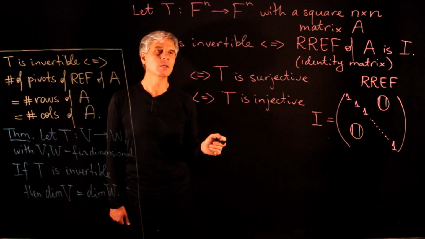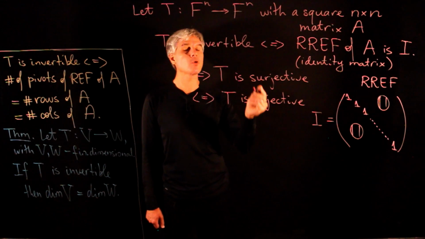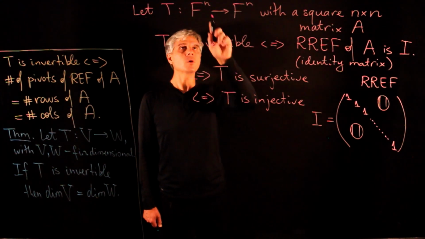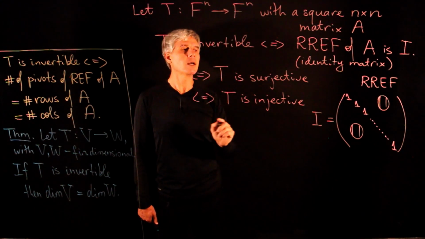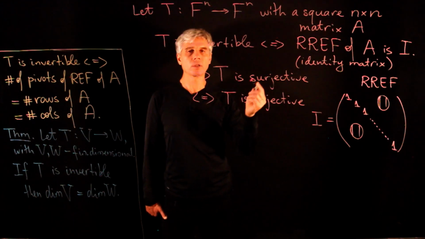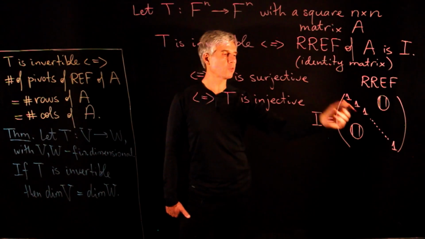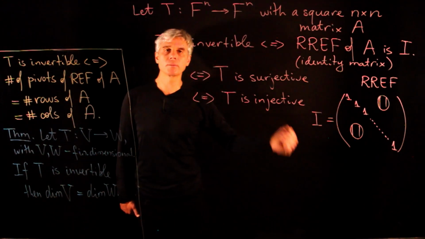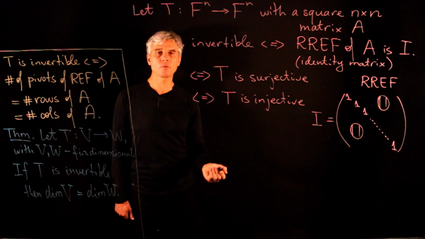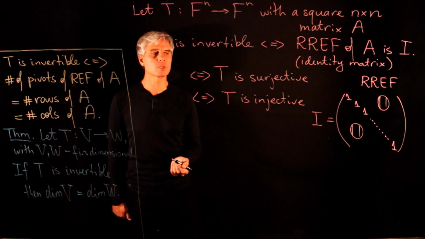So in general, for invertibility, we need to require both properties. But if we know that these two dimensions are the same, then one property will force the other, because equality of number of pivots to the number of columns will imply equality of the number of pivots to the number of rows, and vice versa.